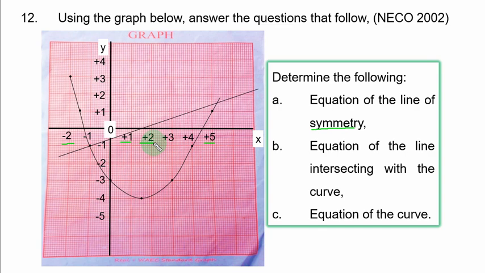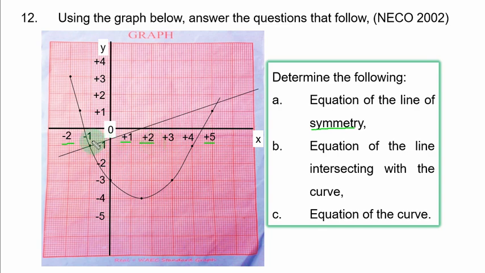Then B, determine equation of the line intersecting with the curve. That equation is simply y equal to mx plus c, where m is the gradient or slope, and you know gradient is change in y over change in x, and that is y sub 2 minus y sub 1 all over x subscript 2 minus x sub 1.